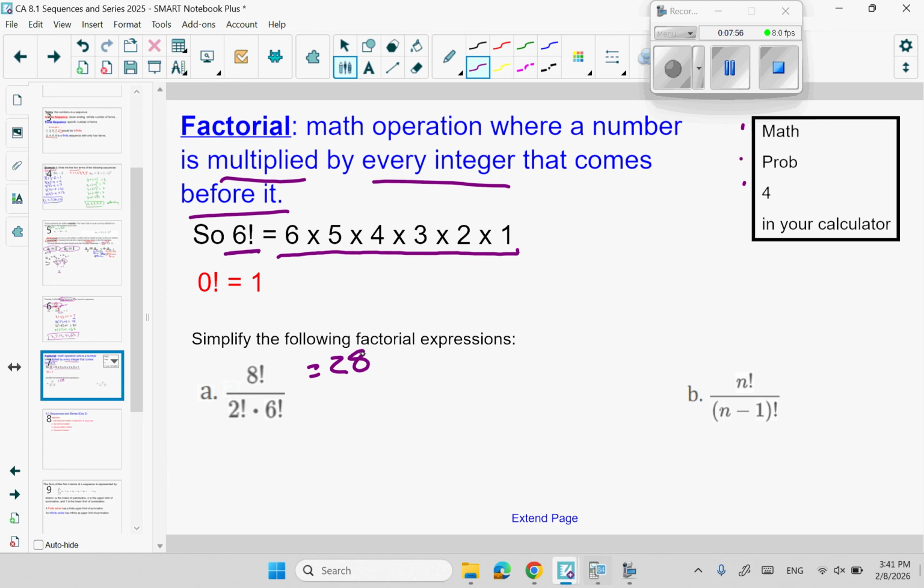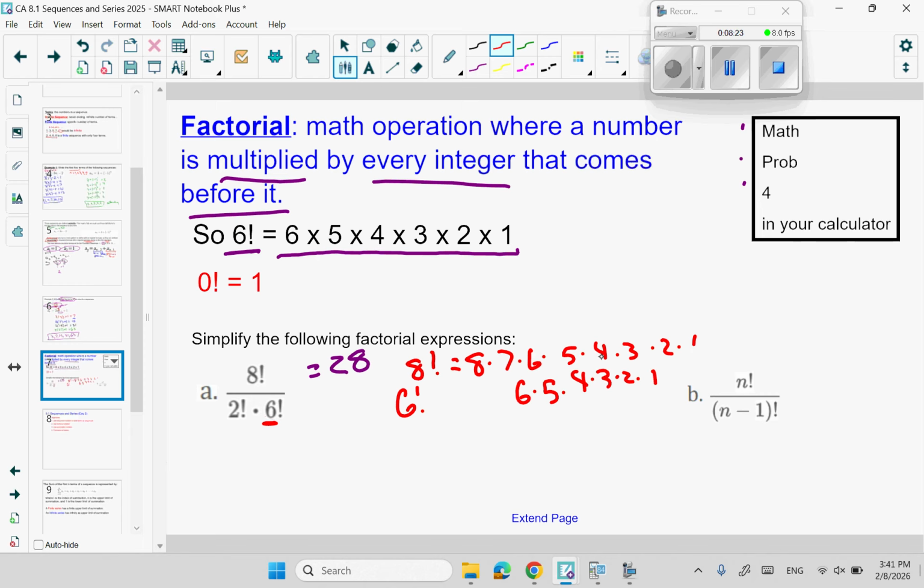However, if you don't have a calculator at home that can do all this, I can cheat a little bit. Recognize that by definition, 8 factorial is 8 times 7 times 6 times 5 times 4 times 3 times 2 times 1. And in the bottom, I have 6 factorial, which is 6 times 5 times 4 times 3 times 2 times 1.